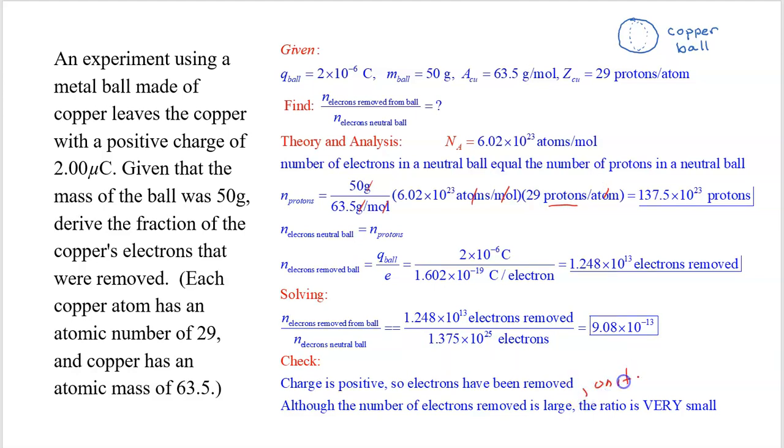But then, further understanding what we have here, the number of electrons removed: if we look at this number, it's good to calculate it, that's very large, 10 to the 13th, but the total number of electrons is on the order of 10 to the 25th, that's much larger. It's a factor of 10 to the 12th larger than that.